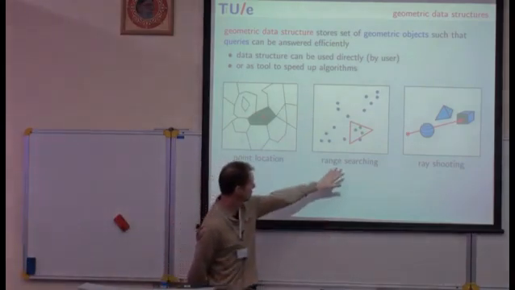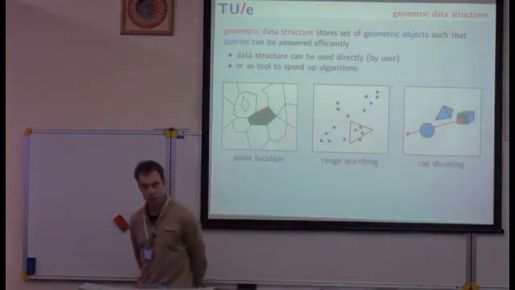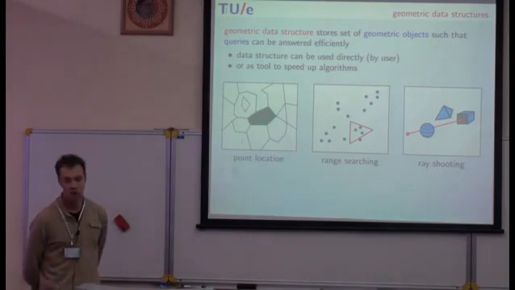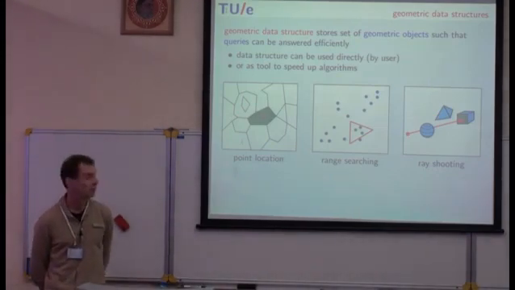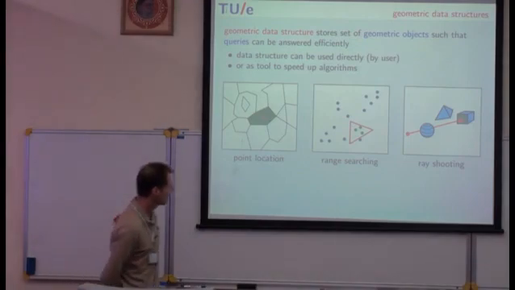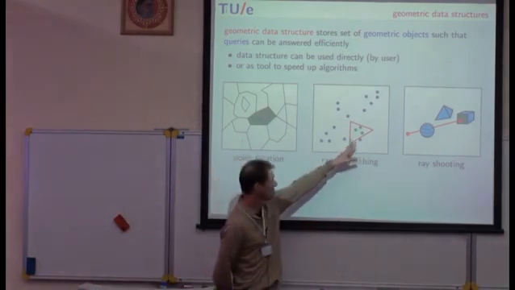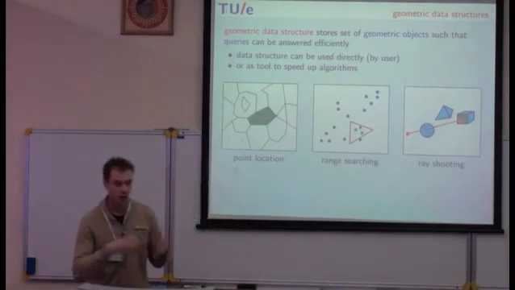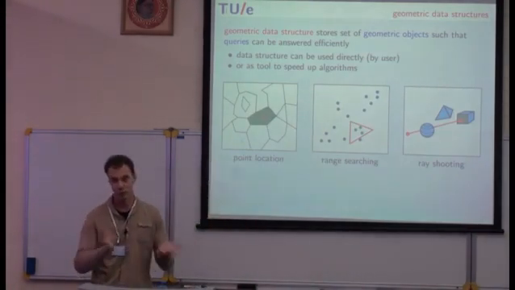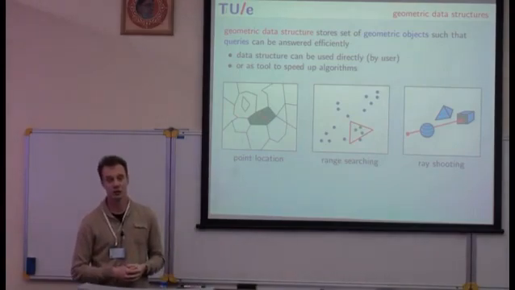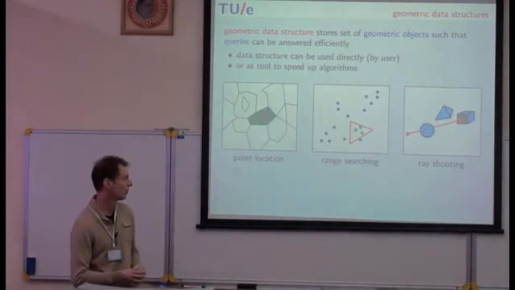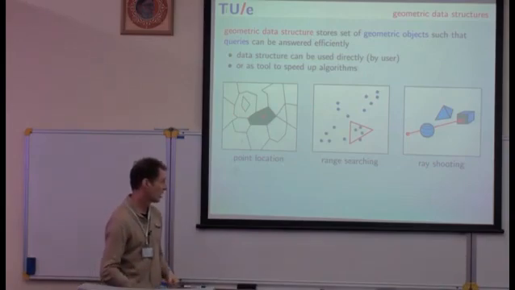Range searching, that's actually what we'll be talking a lot about in the coming few days. You have, let's say, a set of points in the plane, and now given a range, which could be a triangle or a rectangle, report all the points inside the triangle, or count how many points there are inside a triangle, or something like this.